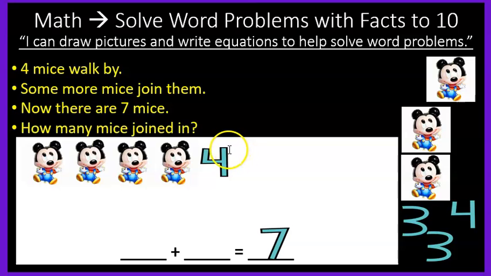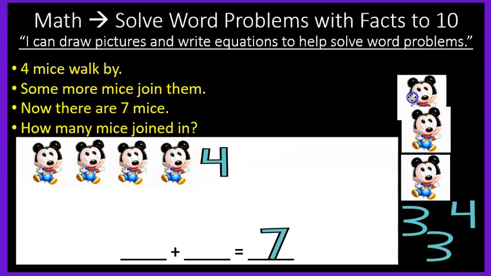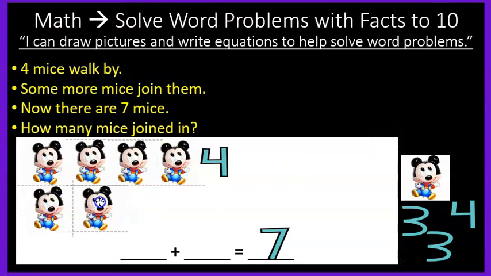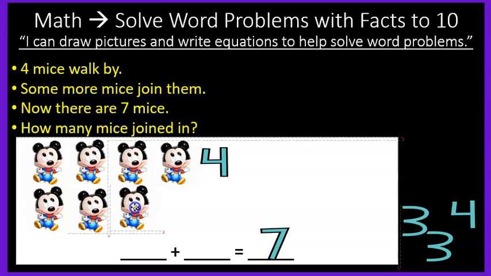Here we go. 4, 5, 6, 7. Now look, all together now we have 7 mice all together. Now boys and girls, how many mice are in this row?